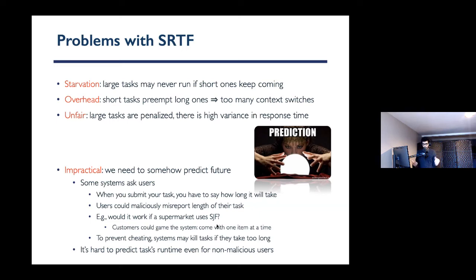So in reality, when you run your program, you never go to that if. By just looking at and analyzing my code, I cannot come up with an execution time for my task. So in reality, it's kind of impossible to know exactly how long your task is going to take. And that's basically enough to make SRTF just a theoretical scheduling policy.